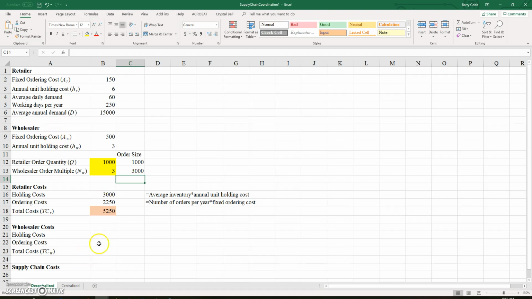What this means for holding costs for the wholesaler is that the first Q units that the wholesaler receives from its upstream supplier are passed directly on to the retailer, and it will never hold those units.